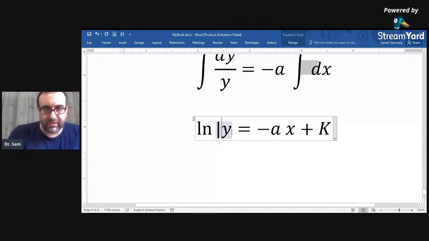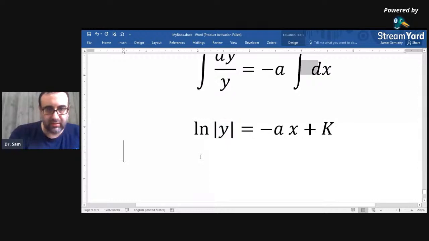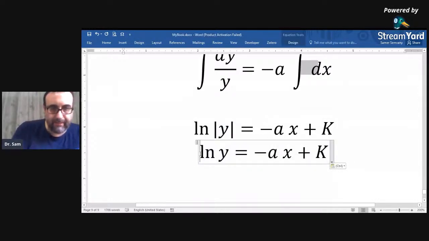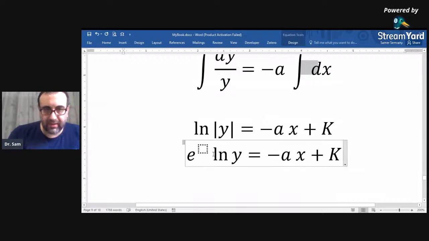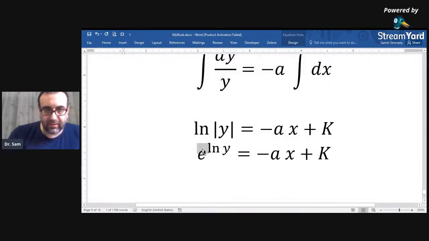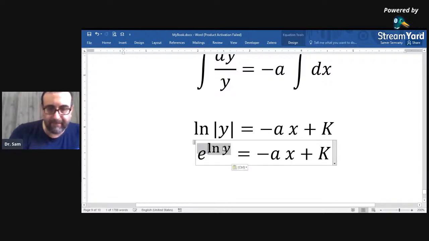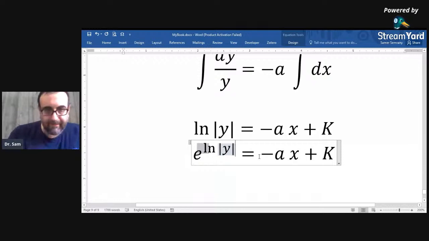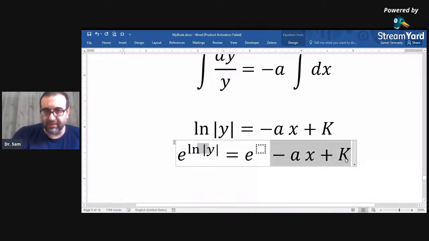So if I put the exponential here and here, I have e to the power ln of absolute value of y, and here also I have e to the power that.